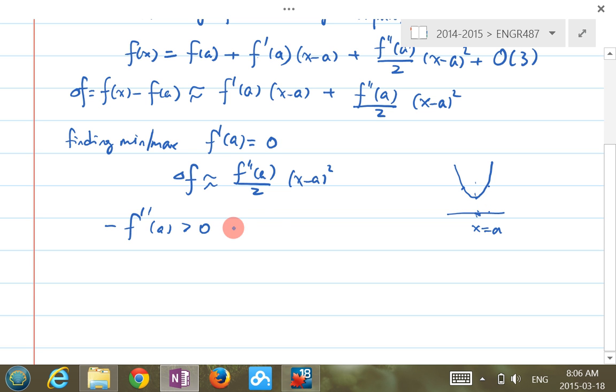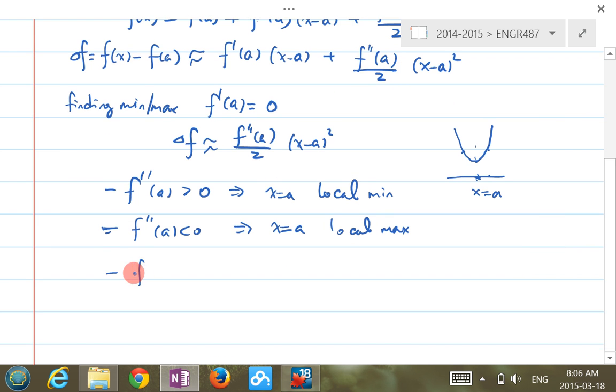Which means x equal to a is a local min. That's basically the idea. And if this one is less than 0, then that means this is a local max.